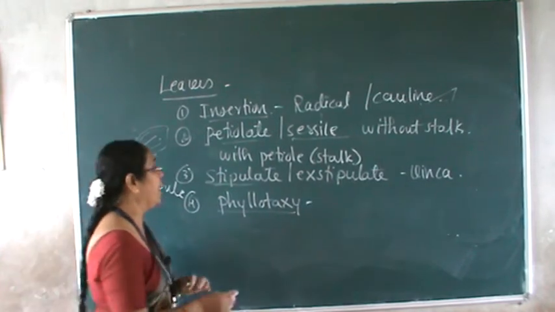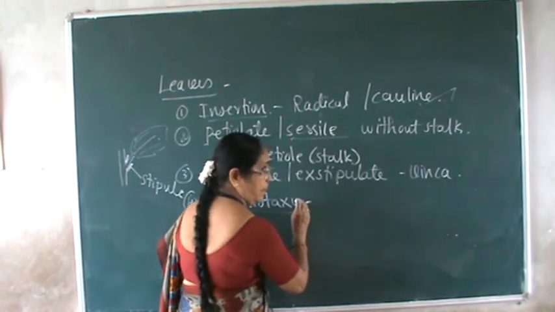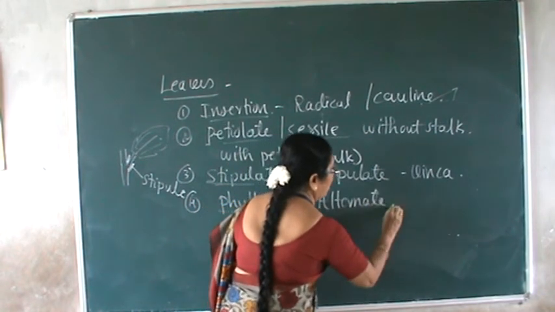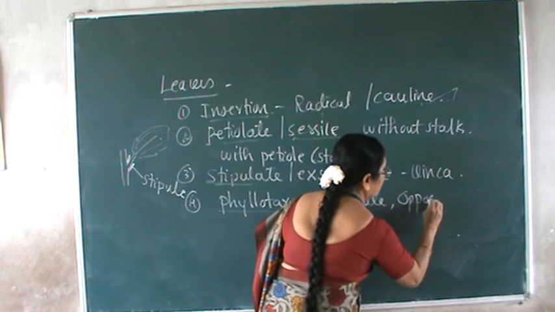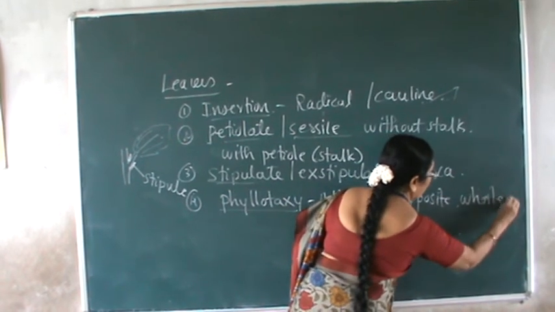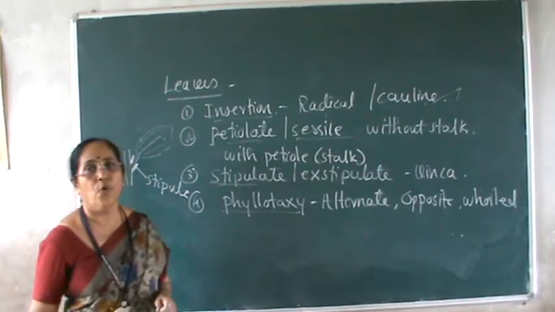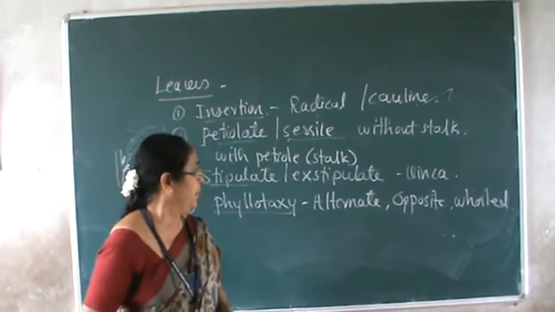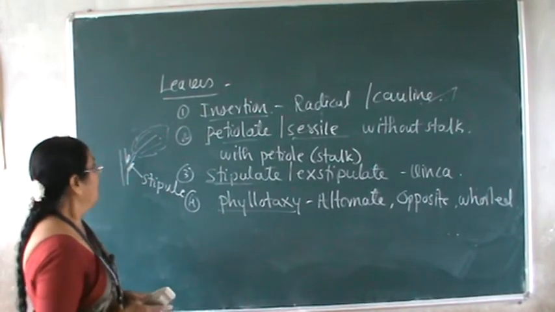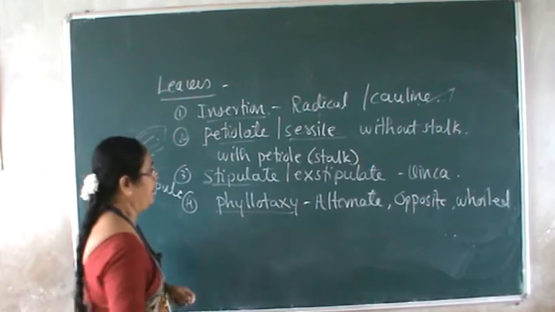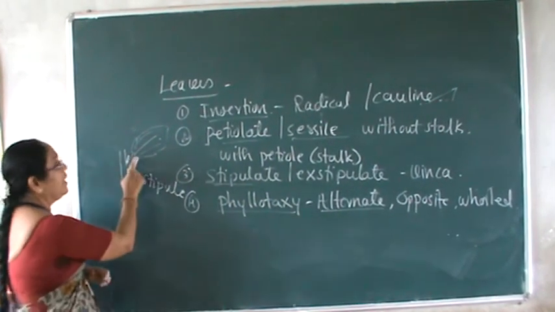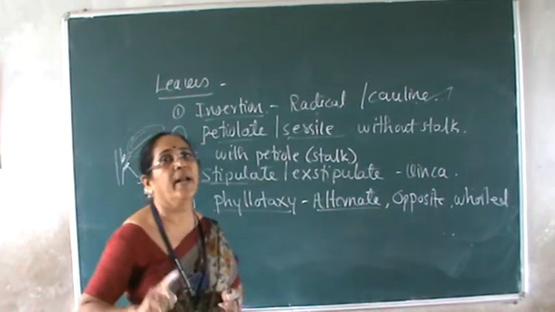Based on the phyllotaxy, there are different types: alternate, opposite, or whorled. So these are the three types. I will start with the alternate one. Alternate phyllotaxy means, in this kind of phyllotaxy, one leaf arises at one nodal region, a single leaf.